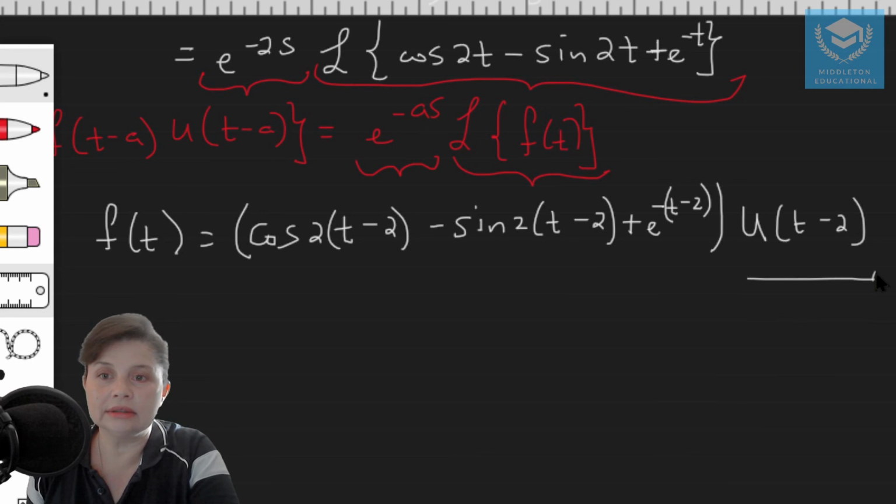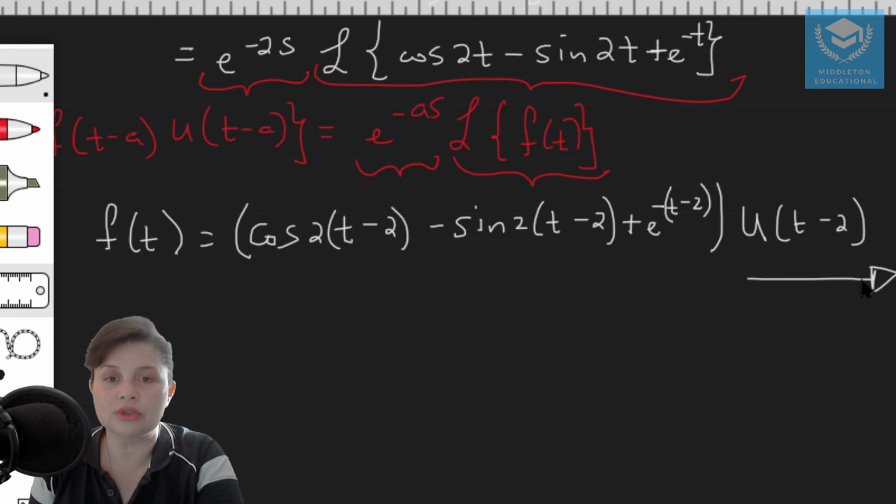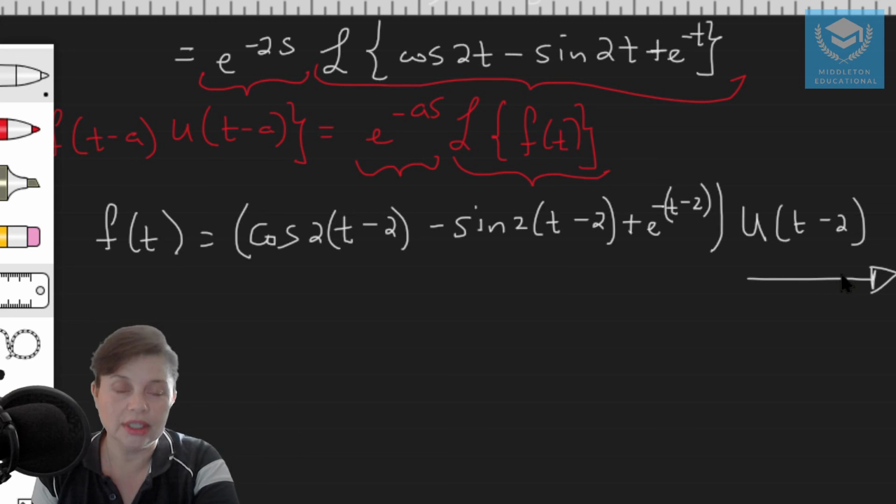And that is the inverse Laplace transform of our example in terms of the Heaviside step function. You can now write it in interval notation if you want to. You're going to have to find out what interval u of t minus 2 is going to be 1, and then you can write it out if you're asked to do that in an exam or a test, or if you need it for some other calculation, or if you need to draw a graph from it.